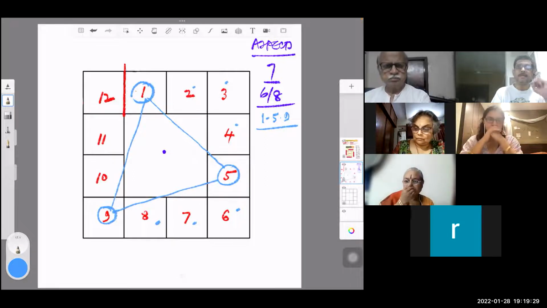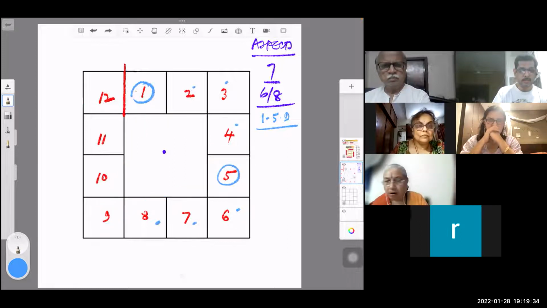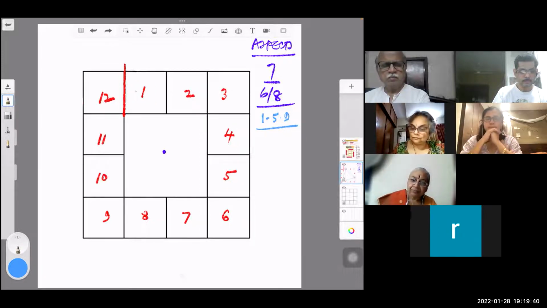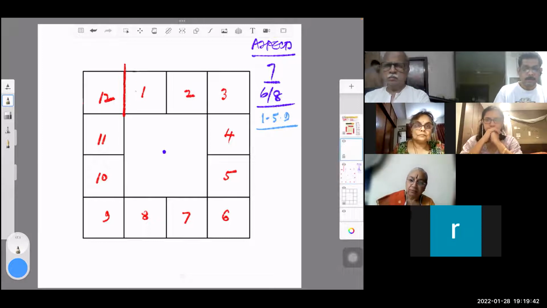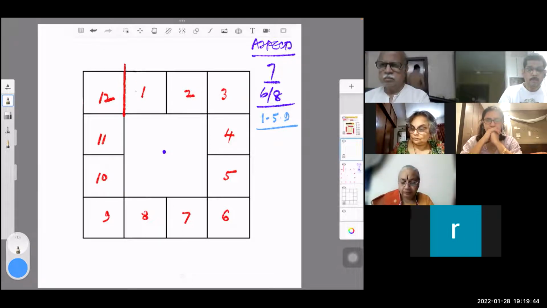Now, how to catch this? That is the most important thing. Last time I told you one technique which I just briefed you on.